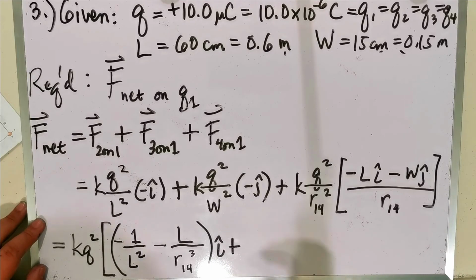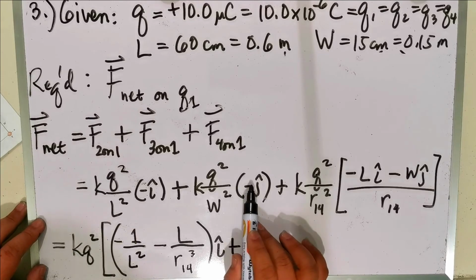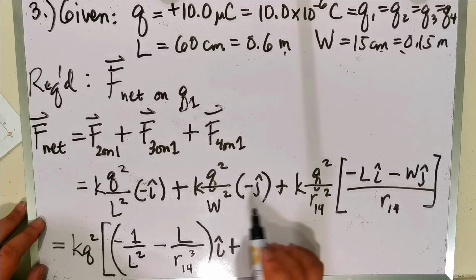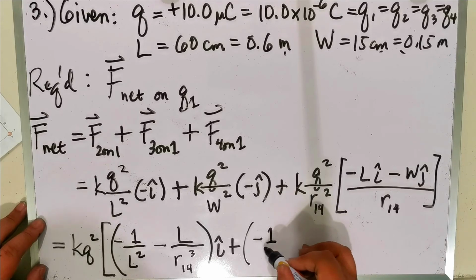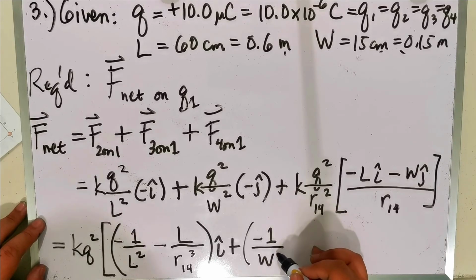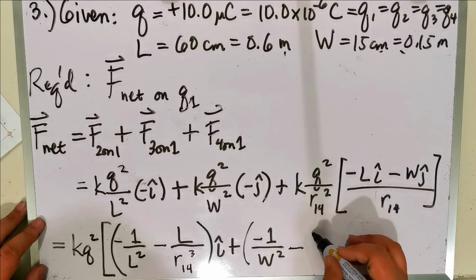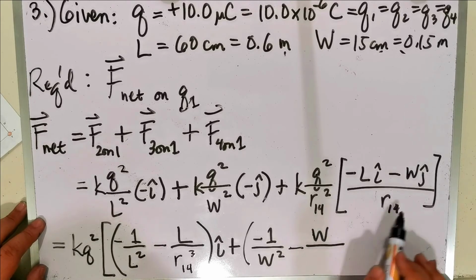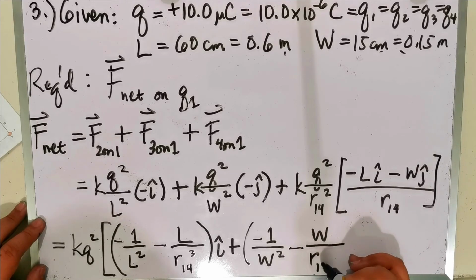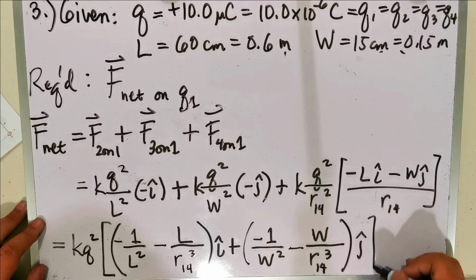Plus again, for the J term, you have negative J hat over W squared, which is also negative 1 over W squared. And here you have another minus W over, in the same way, R14 cubed, times J hat. Okay.